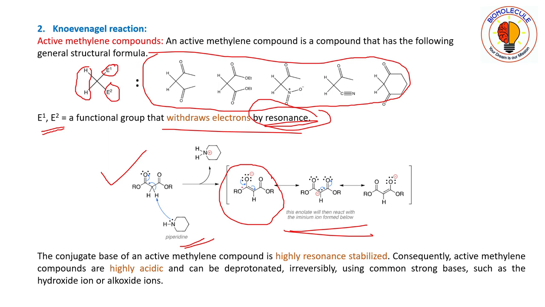Then oxygen pushes back the negative charge and we get a carbanion over here. Then this carbanion delocalizes its negative charge on the second ester group by the formation of the enolate ion.